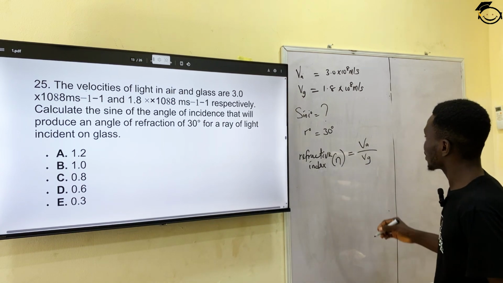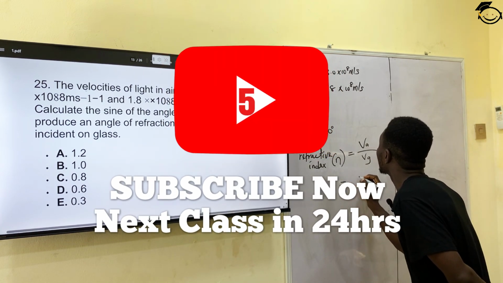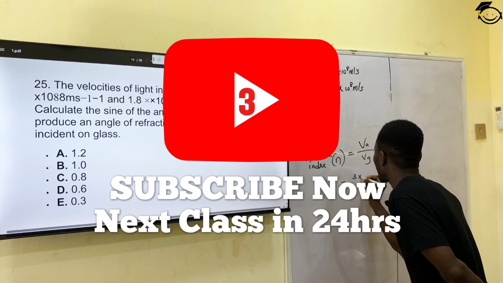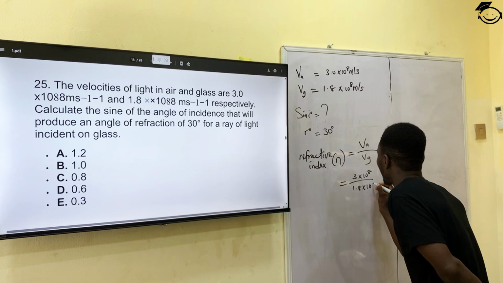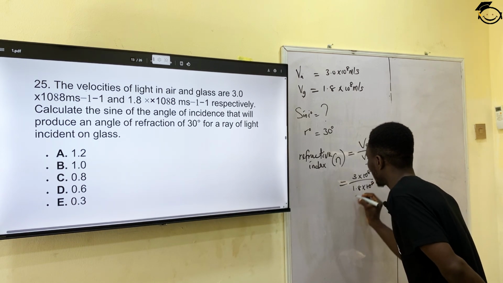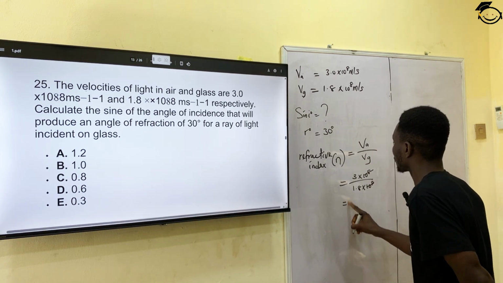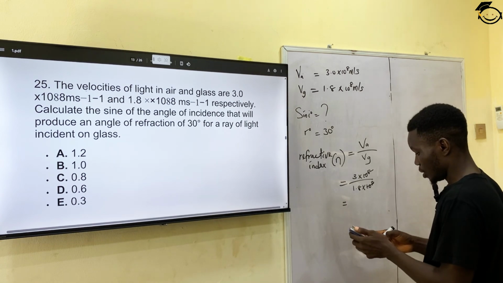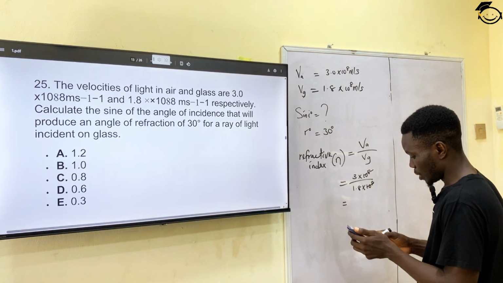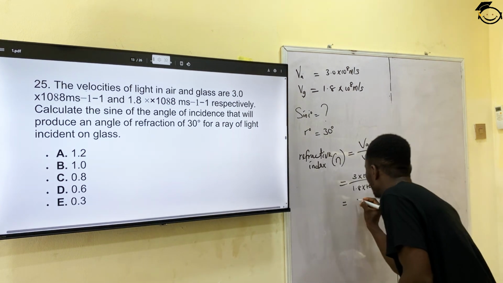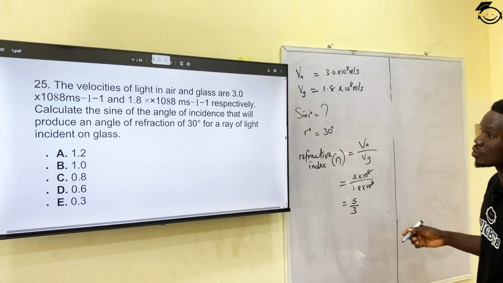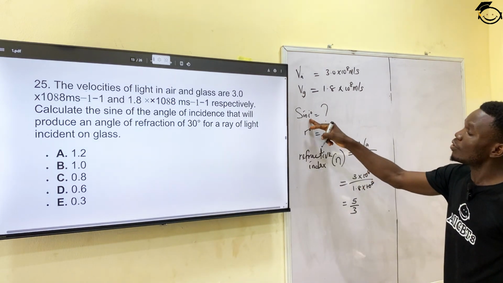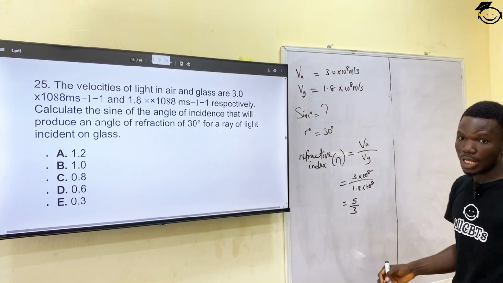And since both of them are times 10 raised to power 8, I have 3 times 10 raised to power 8 over 1.8 times 10 raised to power 8. So these two will cancel out, and this will give me 3 divided by 1.8. So that will give me 5/3. So I will take my refractive index to solve for our sine of the angle of incidence using Snell's law.